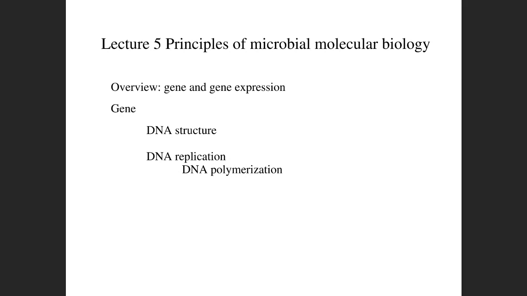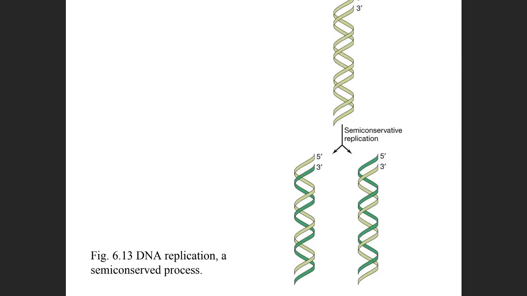Now I wanted to talk about DNA replication. So DNA replication is very important. The most important part, obviously, is accurate replication, so the daughter copy will be exactly the same as the parent. So the DNA is replicated through what's called semi-conservative replication.